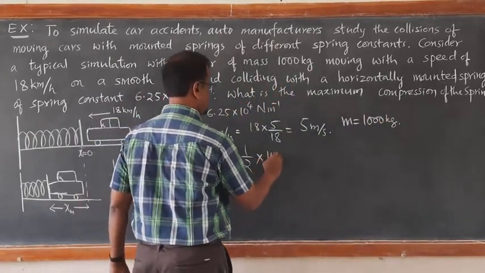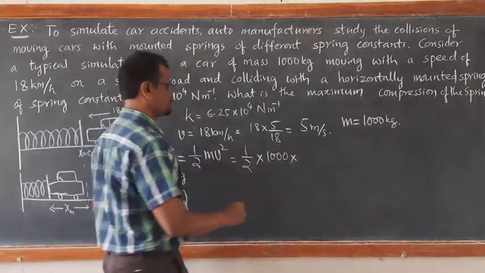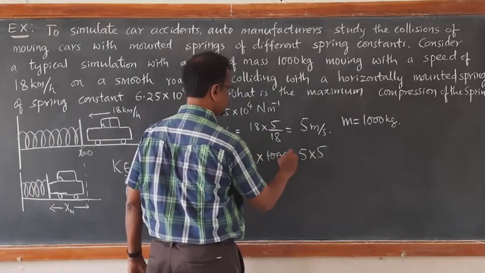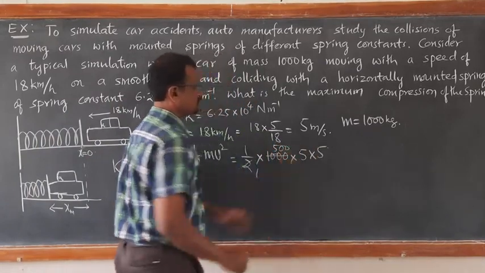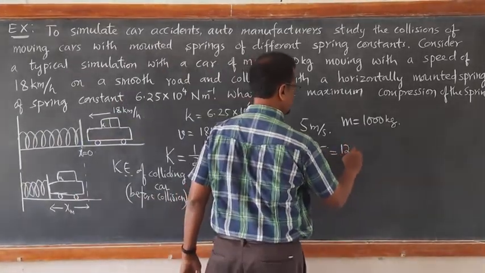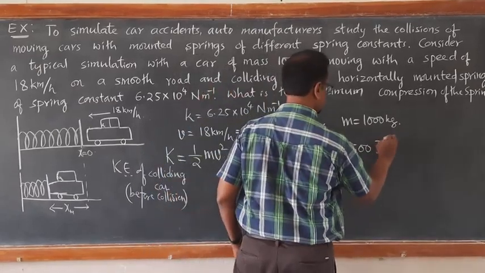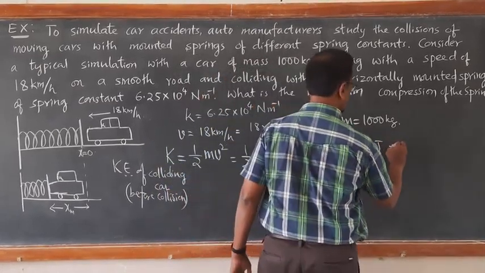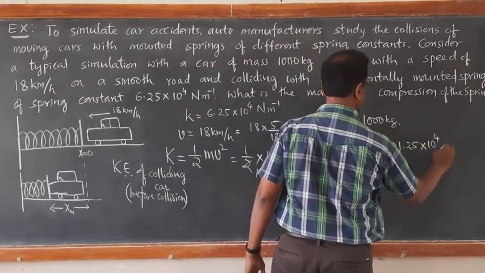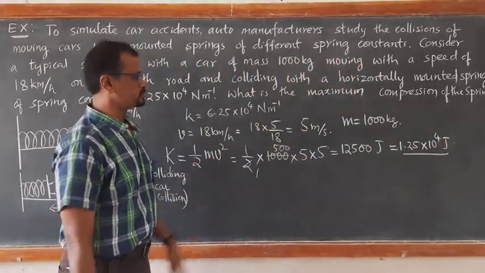So 1000 into 5 meter per second, 5 square, so you can write it as 5 into 5. Two ones are 2, 500s. So 25 into 5 becomes 125. So 125 and 2 zeros. So many joules. You can write this as 1.25 into 10 raised to 4 joule, in scientific notation.